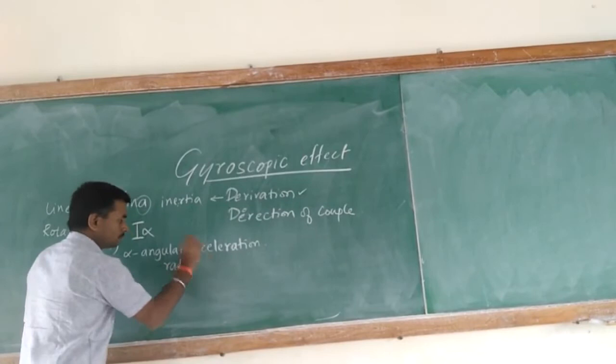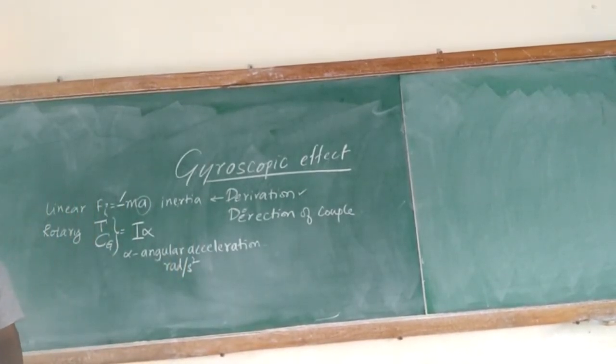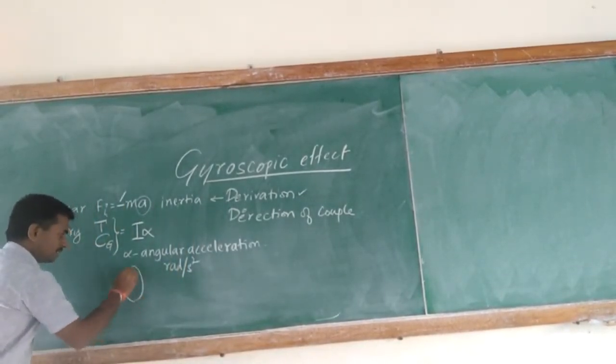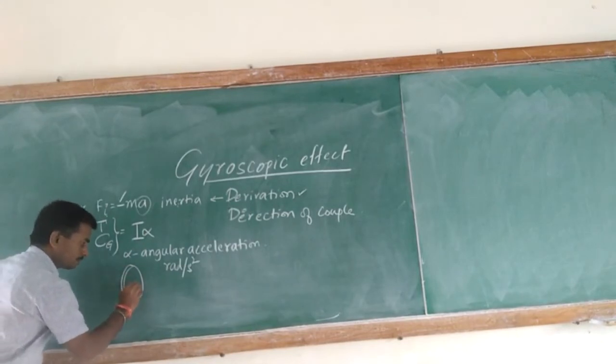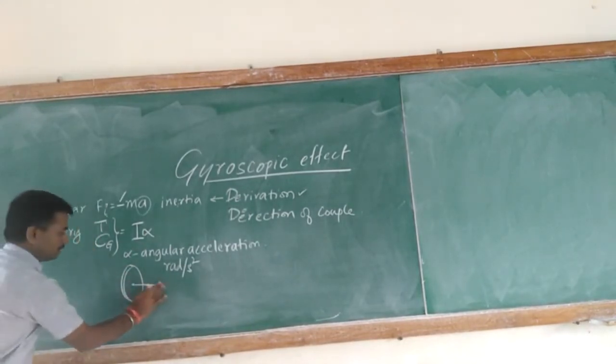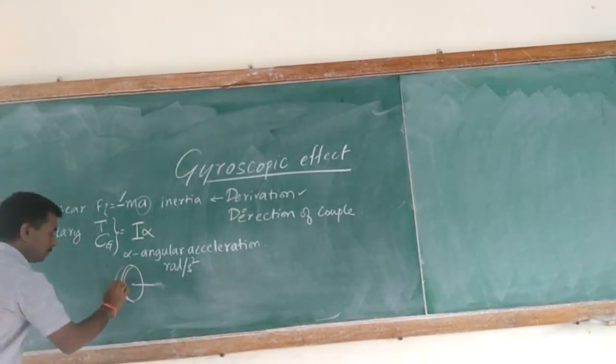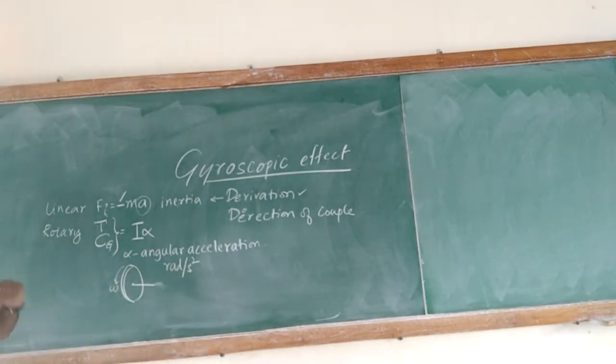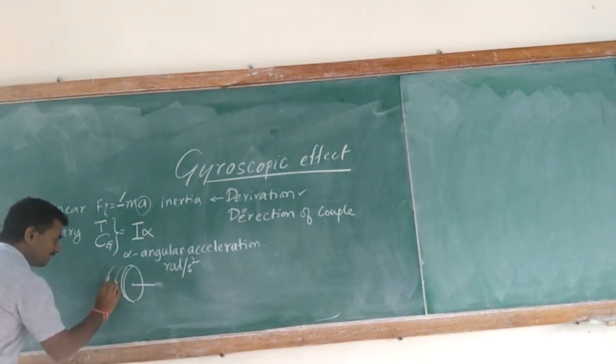Radians per second square. So if there is a disk, as you will see later, suppose the angular velocity is in this direction, and this angular velocity is increasing. So alpha will be in this direction.